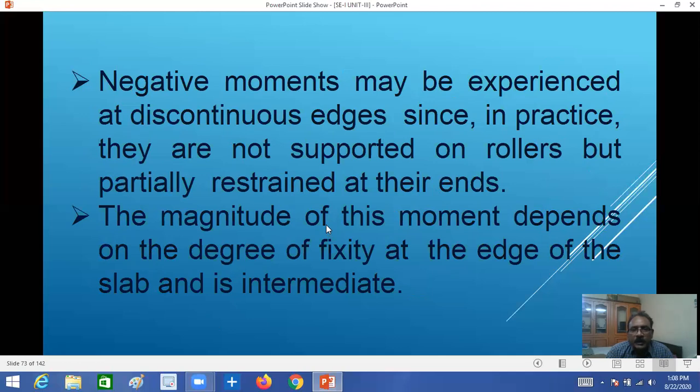Negative moments may be experienced at discontinuous edges and in the middle. If you look at continuous and discontinuous slabs, the moment depends on the degree of fixity at the edge of the slab and intermediate supports.